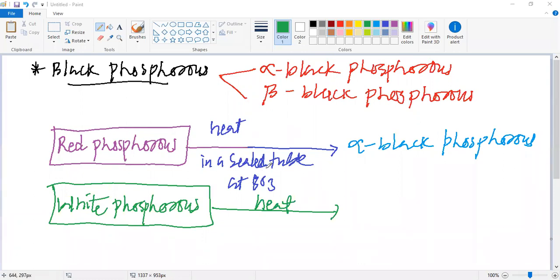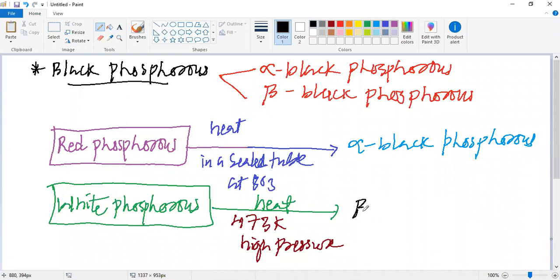Okay, so white phosphorus, when it is heated at 473 Kelvin under high pressure, my dear students, we get the beta black phosphorus.